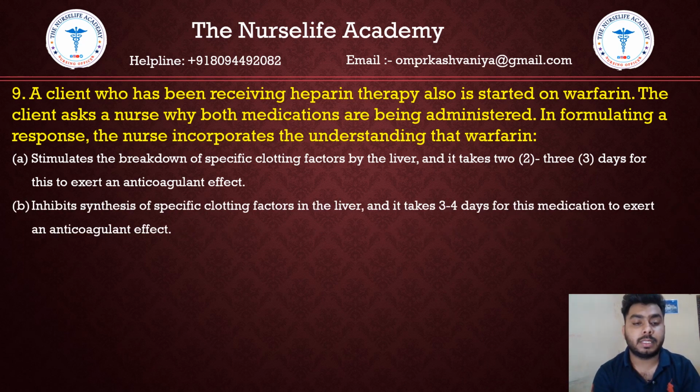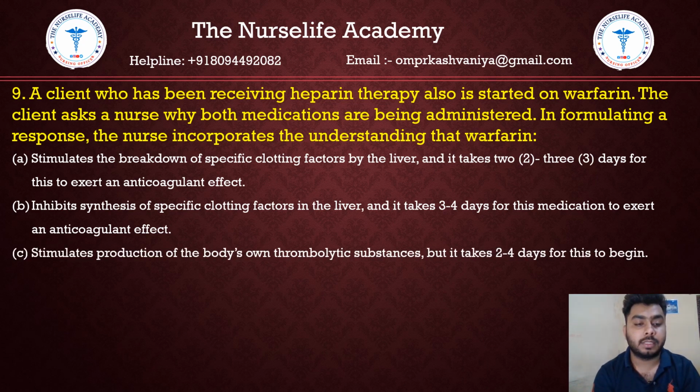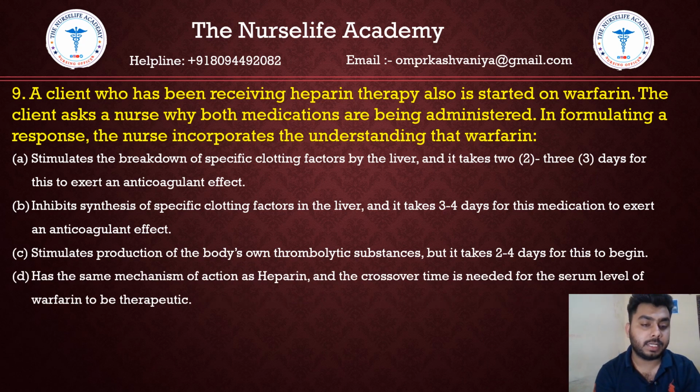Option B, inhibits synthesis of specific clotting factors in the liver, and it takes 3 to 4 days for the medication to exert an anticoagulant effect. Option C, stimulates production of the body's own thrombolytic substance, but it takes 2 to 4 days for this to begin. Option D, has the same mechanism of action as heparin, and the crossover time is needed for the serum level of the warfarin to be therapeutic.